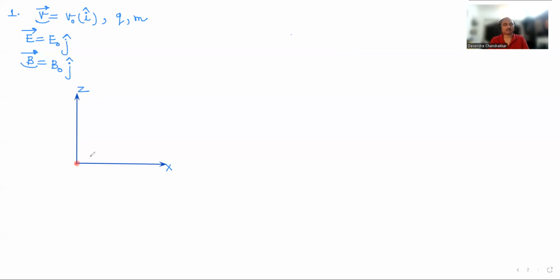Now, because of these two forces, sorry, the magnetic force, F is equal to Q V naught B, I cross J. The force is acting along plus K cap, right? So this charged particle will go in this plane. All of you, please pay attention. Yes or no? This is how it will move.